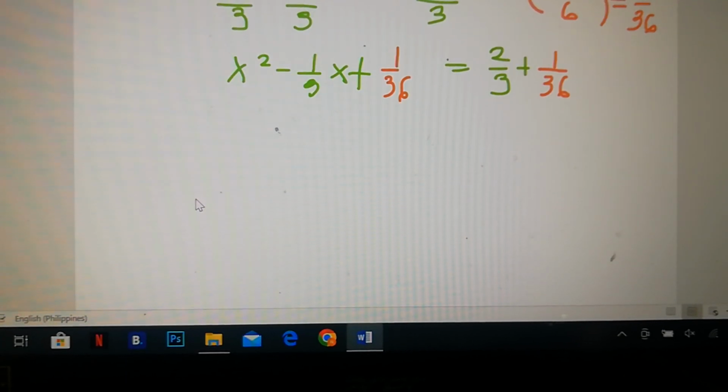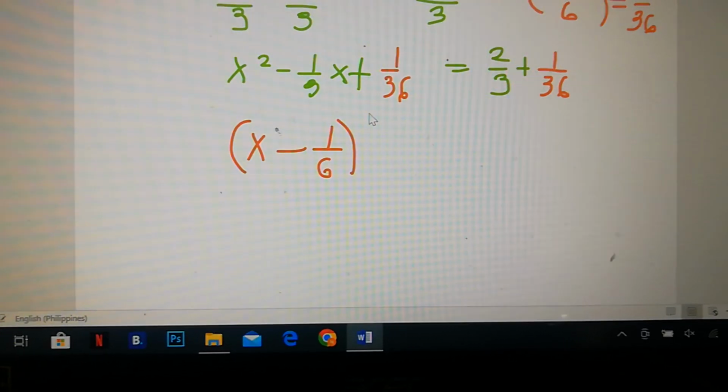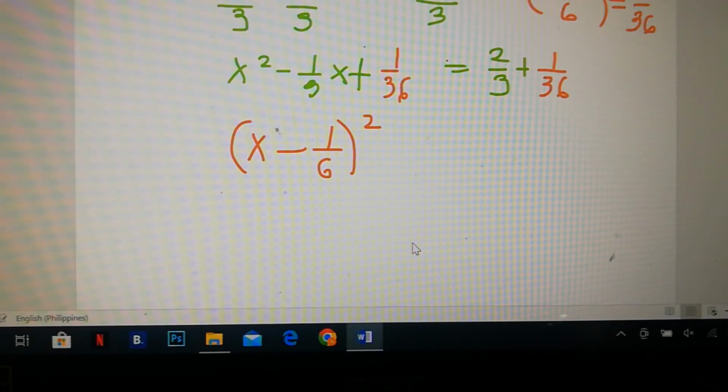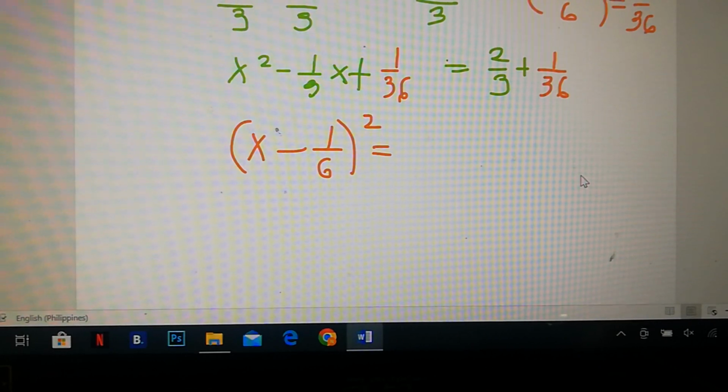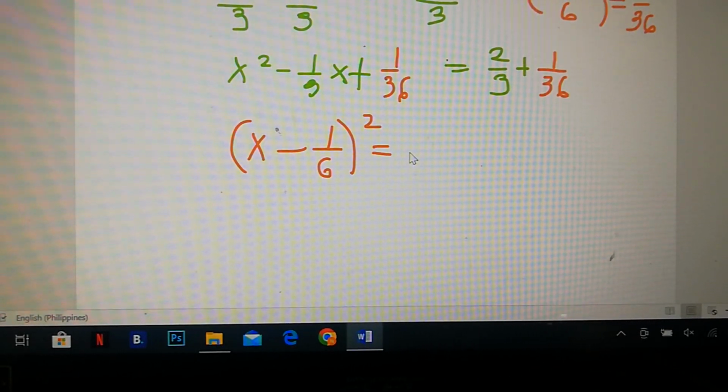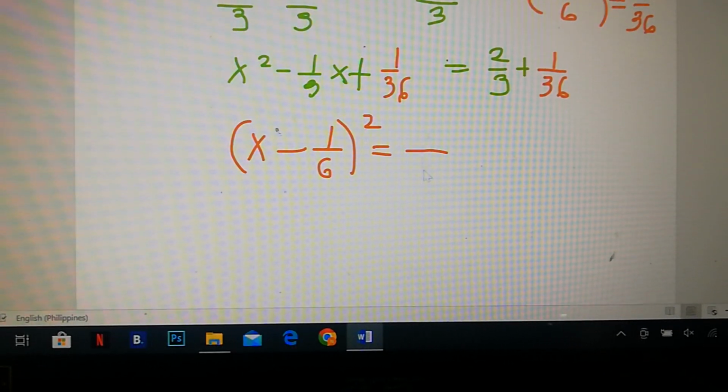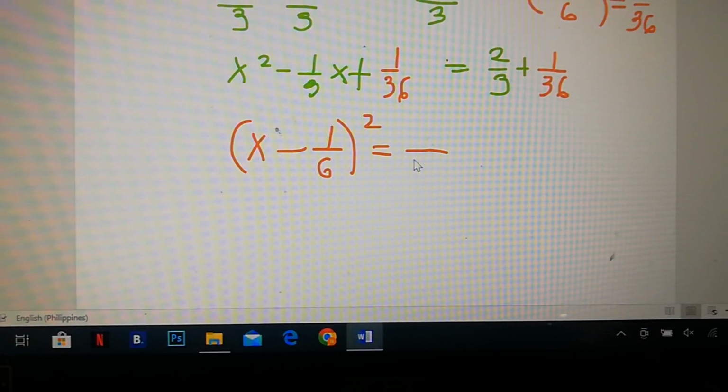Okay. Factor now the left side of the equation. Square root of x squared is equal to x. The coefficient of the middle term is negative, so minus. Square root of 1/36 is 1/6 squared. So this is now the factor of the left side. Okay, express the right side as similar fractions with a denominator of 36.